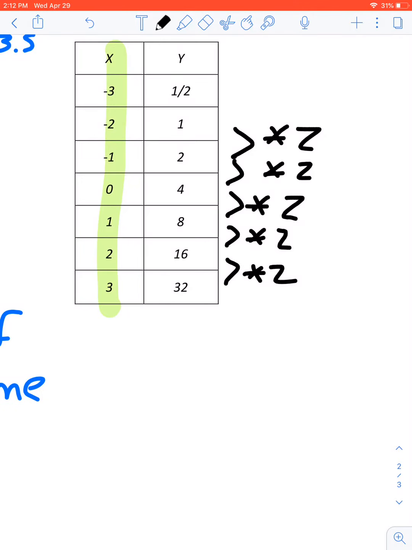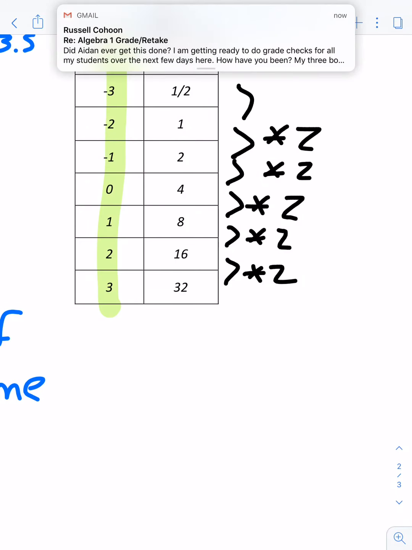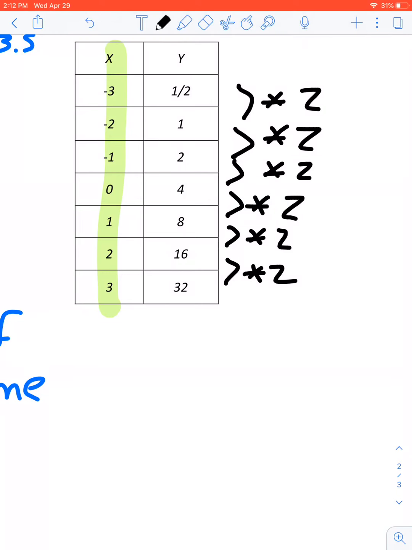And because I don't like to do fractions first, I like to save them for last, 1/2 times 2 is 1. So 1/2 times 2 is 1, 1 times 2 is 2, 2 times 2 is 4, 4 times 2 is 8, 8 times 2 is 16, 16 times 2 is 32. All the y values are multiplied by 2 to get the next y value.